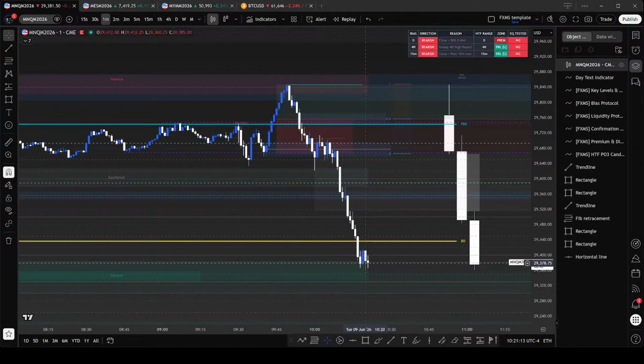I was going to say we didn't close below here, but let's see if we close below here in this candle. And nope, still not closing below.